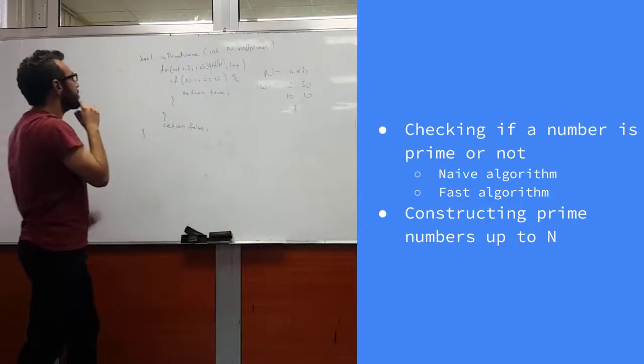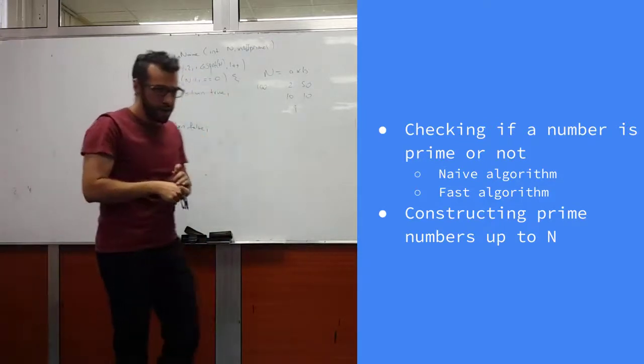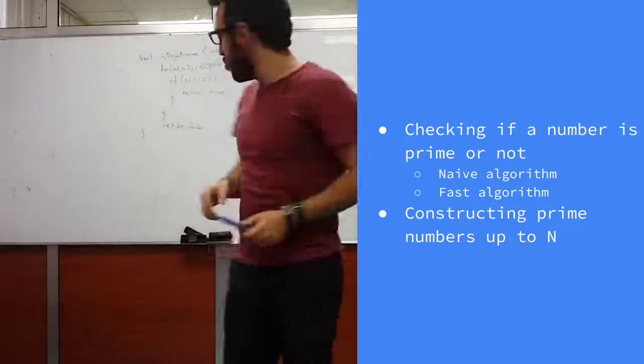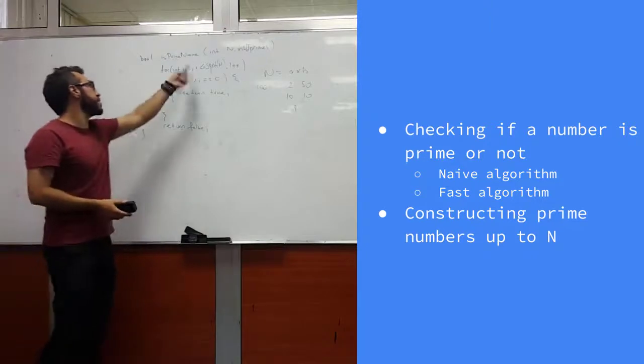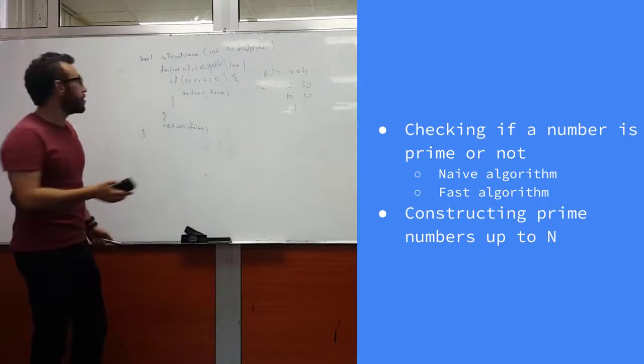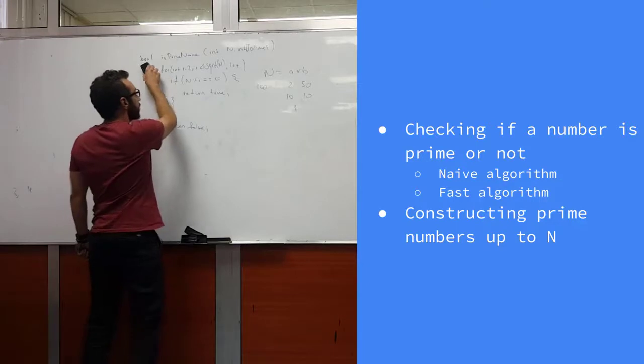What we can do is, instead of iterating up to square root of n, we can basically iterate on this primes array until we get to an element that is greater than square root of n, right? So let's do that modification.